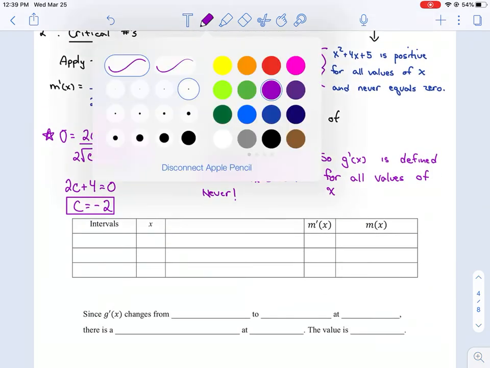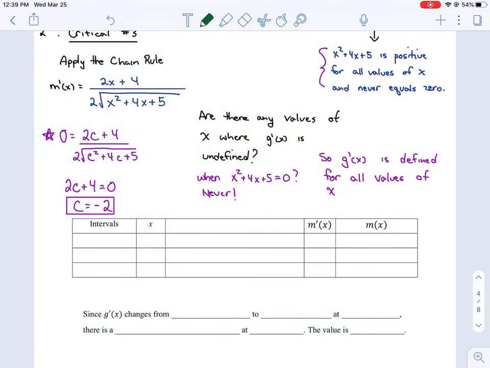Now that we have our critical number, I'm going to create the two intervals that we're going to use. And we're going to identify a couple test points here. How about negative 3 and 0?